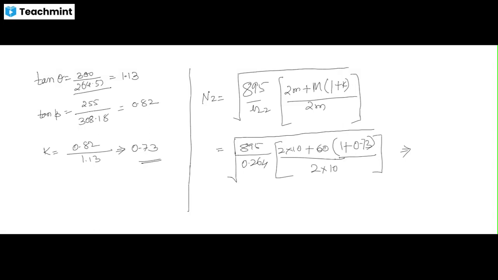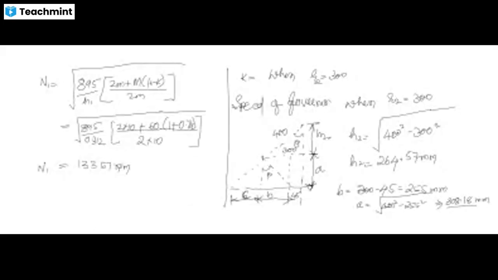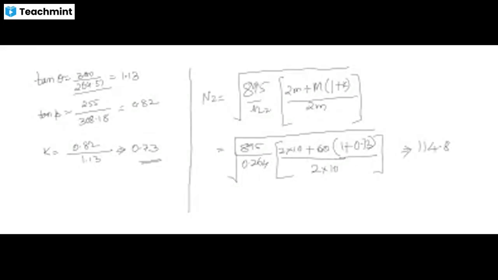N2 is 114.86? You should get N2 as more, so it is 144.86.